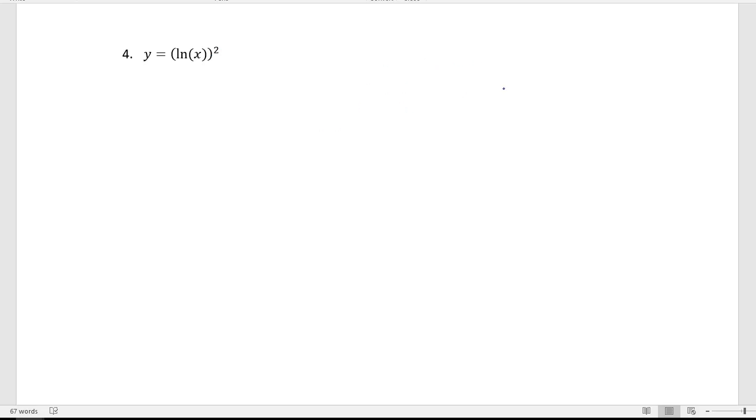So this is a power rule, but keep in mind it is a chain rule. It's not just x squared, it's ln x squared. So the square is the outer, the ln x is the inner. I'm going to take the derivative of the outer, and then I'm going to multiply by the derivative of the inner. So I'm still doing a power rule here, variable base, fixed exponent, but it's a chain rule.